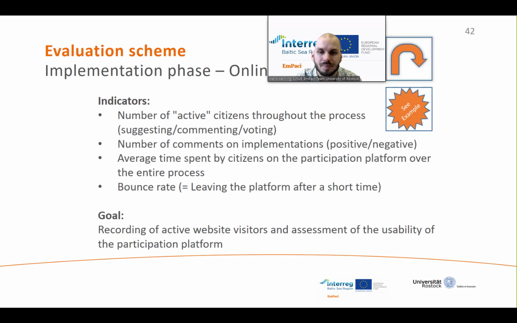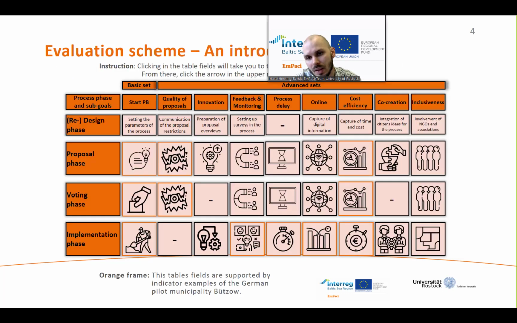And with that, that's the short presentation of the evaluation scheme, showing some selected indicators, especially with an example of Bützow. This evaluation scheme has much more indicators to show. It's about 80 indicators.